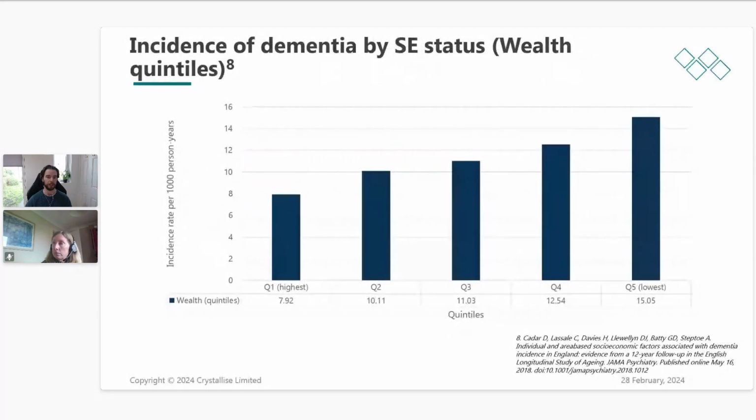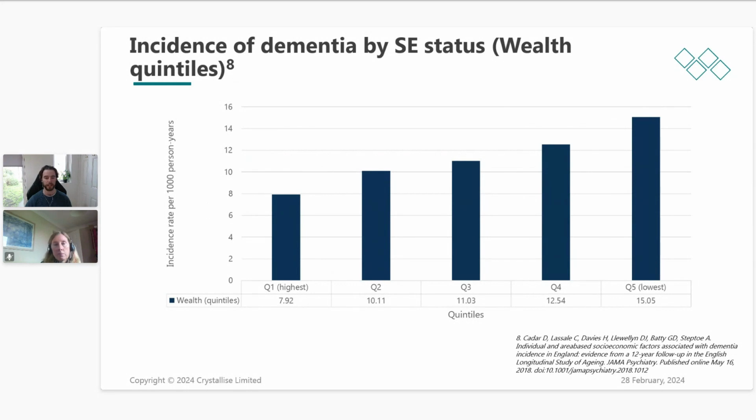If we look at the socioeconomic differences, and for this we've used the incidence rate for dementia, and we've used wealth as our indicator of socioeconomic status. And from left to right, we have the wealthier quintile of the population, and on the right hand side we have the least wealthy, and we see this stark increase in incidence rates from around 0.8 right up to 1.4% for the lowest wealth quintile.